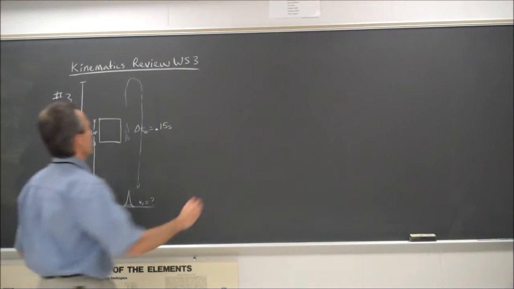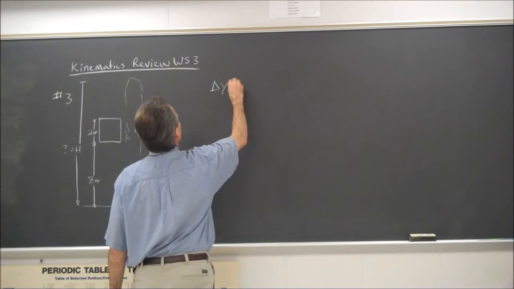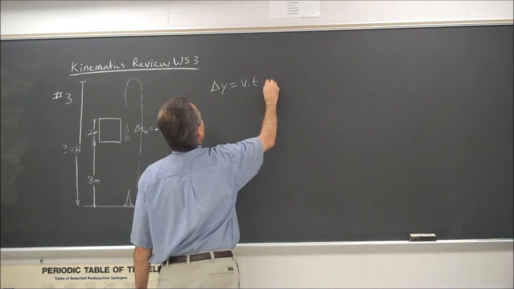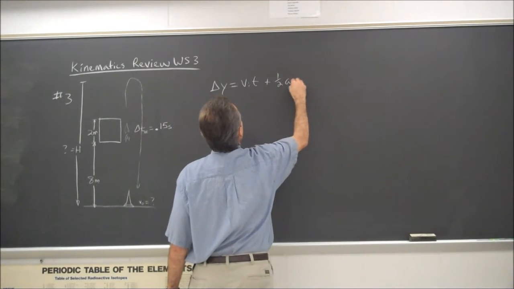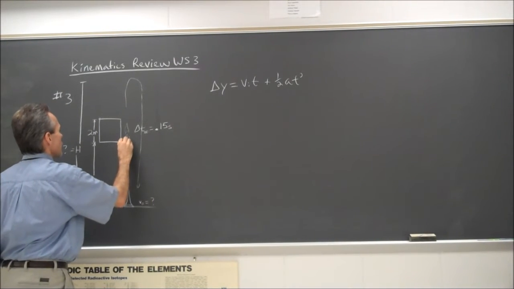Looking at just the window region here, I can say that my delta y would be equal to VIT plus 1/2 AT squared, where VI is going to be the velocity right when it passes the window.